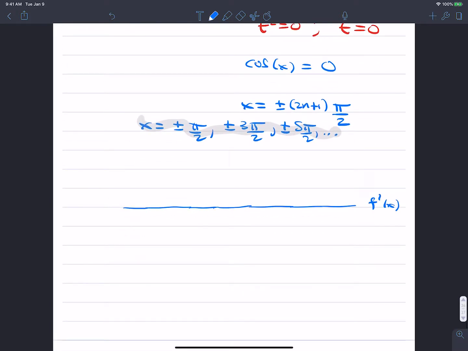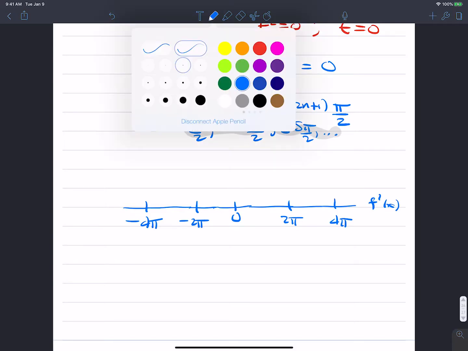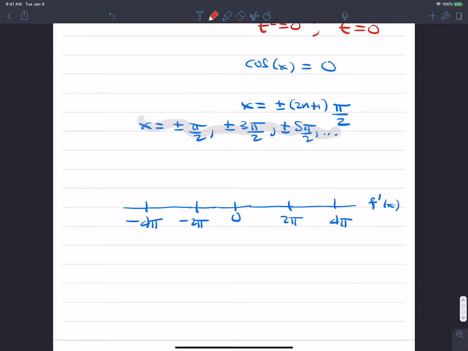At 0, 2 pi, 4 pi, minus 2 pi, minus 4 pi. This is where my derivative is what again? Do you guys know? That first derivative is 0. Is that true? We're going to try to set this up for you guys.